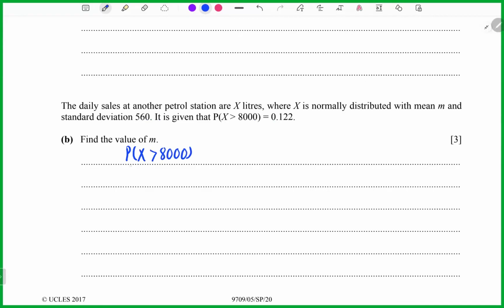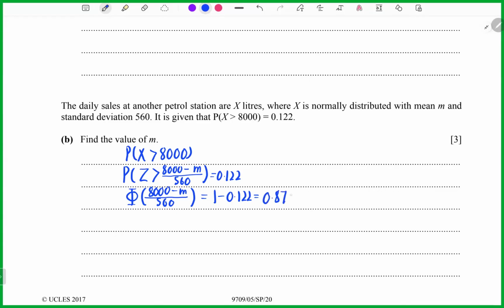I can take Z more than, I change to the Z score first. So I can change like this way. So I should take 1 minus 0.122 equals 0.878.